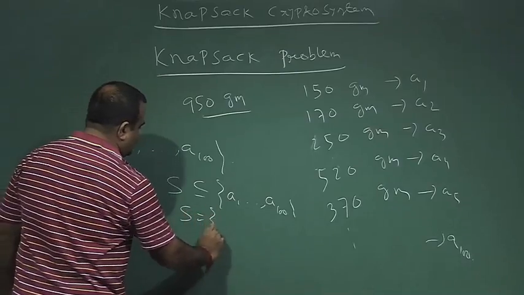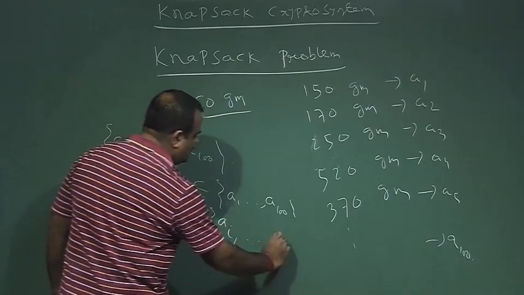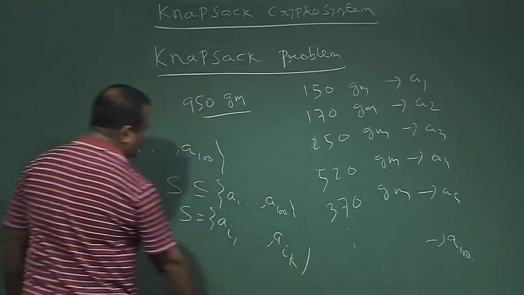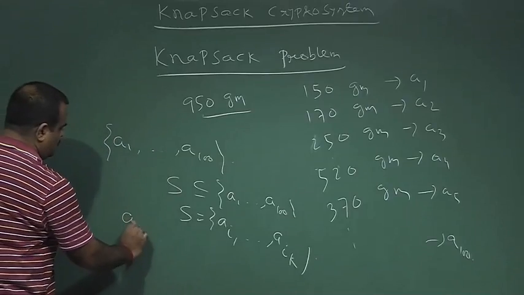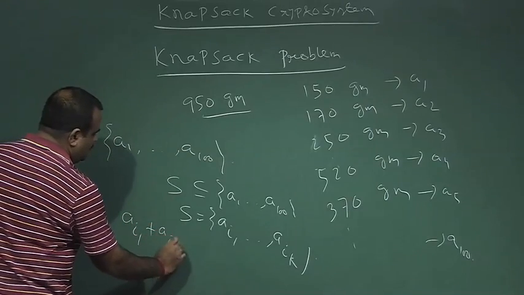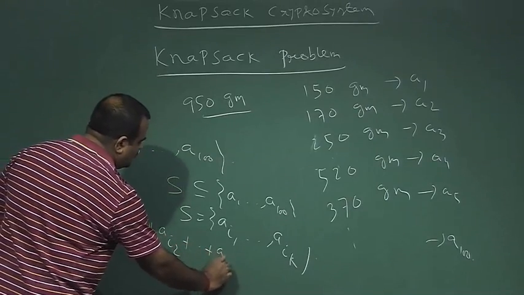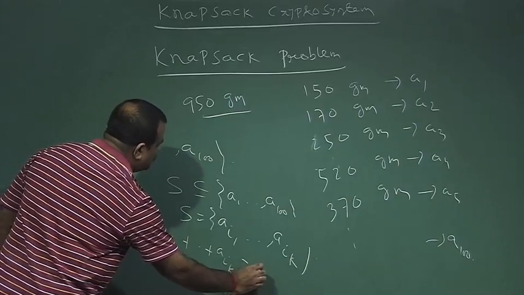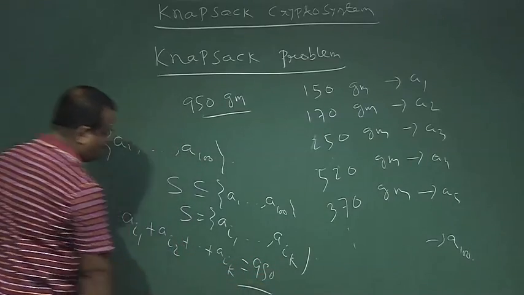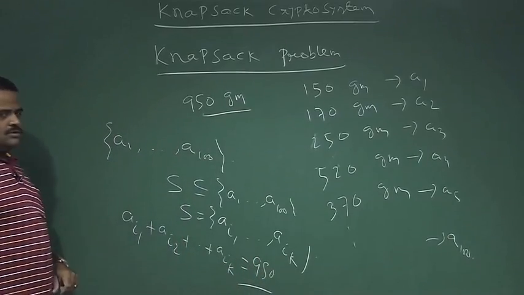Say S could be AI1, so there are k apples such that the summation of AI1 plus AI2 up to AIK is 950. So that is the problem.